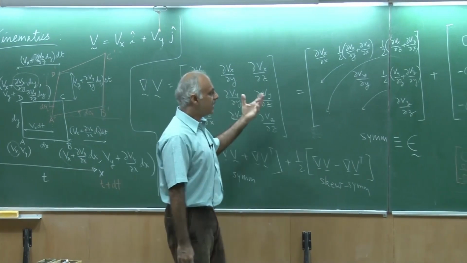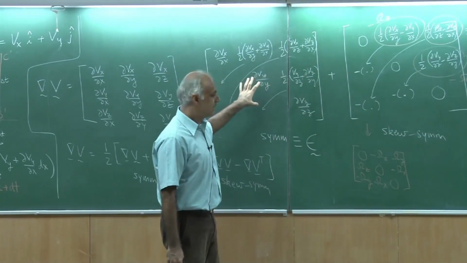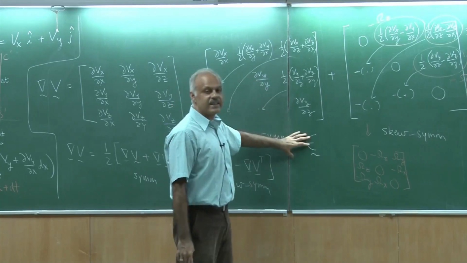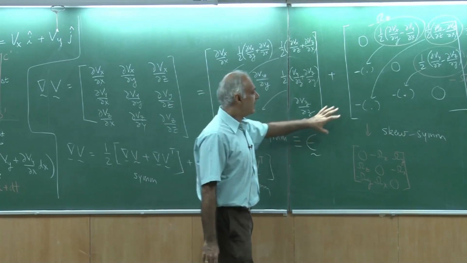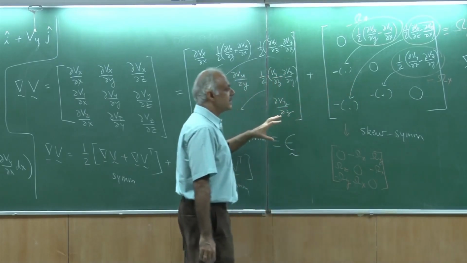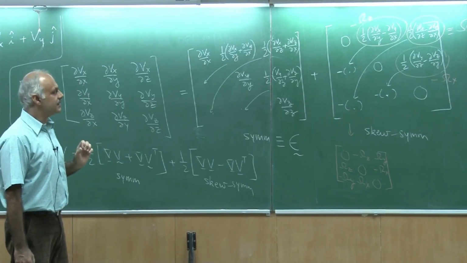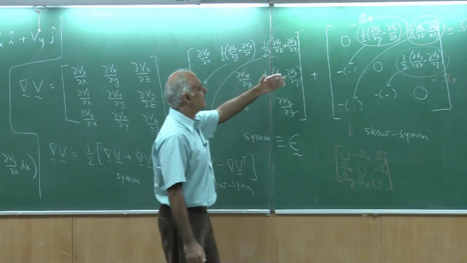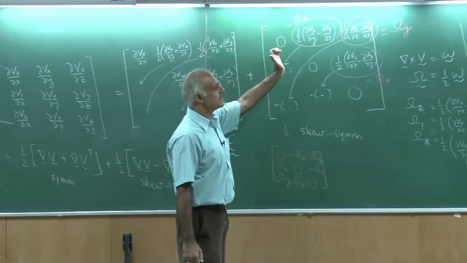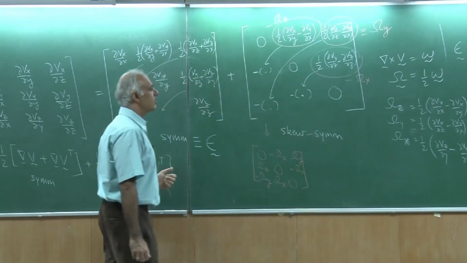And these can be written as the sum of two quantities. One is the strain rate tensor and the other is the rotation. Remember, the rotation was of a fluid element rotating about its axis. So, omega z means it is rotating about the z axis in the xy plane, and likewise I could argue for omega y and omega x.